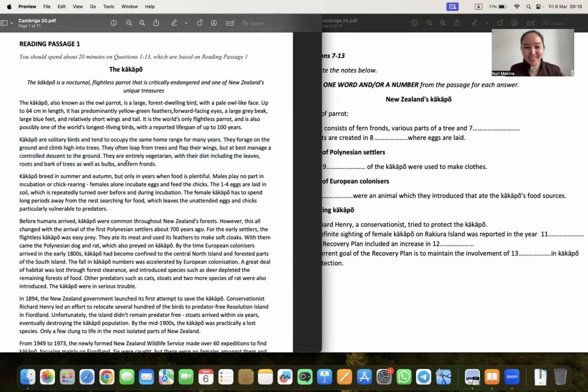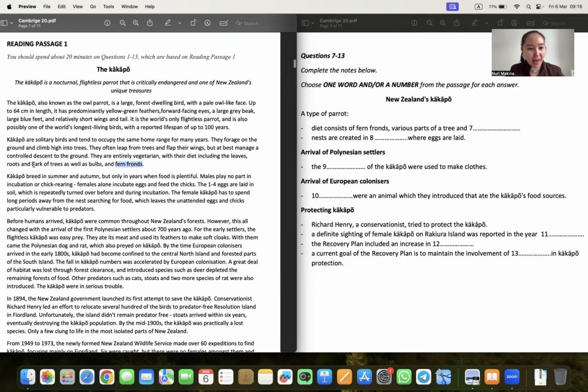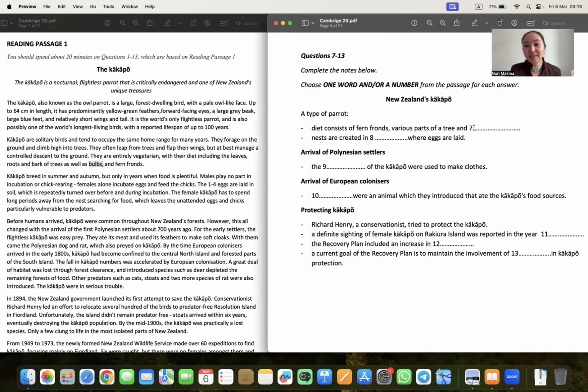As you can see, we already see fern fronds and trees here, bark of trees as well as bulbs, and diet is here. So what does the diet consist of? The diet includes the leaves, roots, and bark of trees as well as bulbs and fern fronds. We have trees, we have fern fronds. So what is missing here? Bulbs. So the answer, number 7, is bulbs.